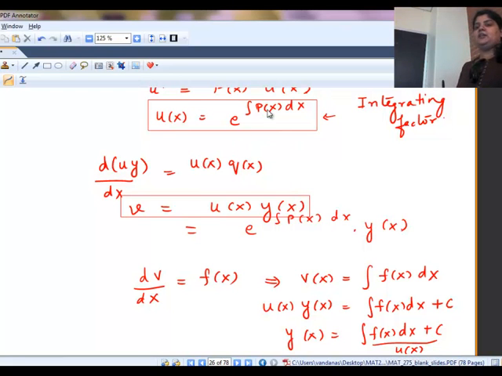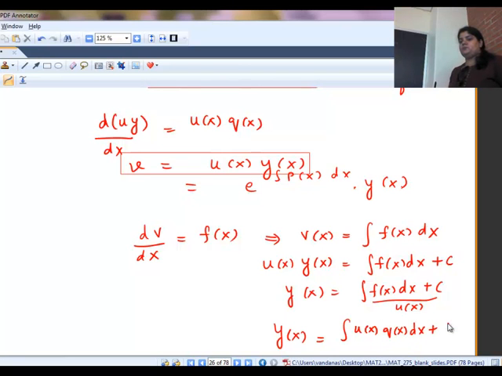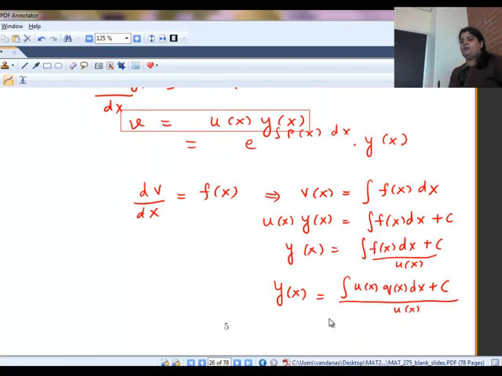And u(x) is e to the power integral p(x), and that's the solution of this problem. And f(x) is what? f(x) is u(x) times q(x). So u is integrating factor, you plug u and you will then get the solution of this problem.